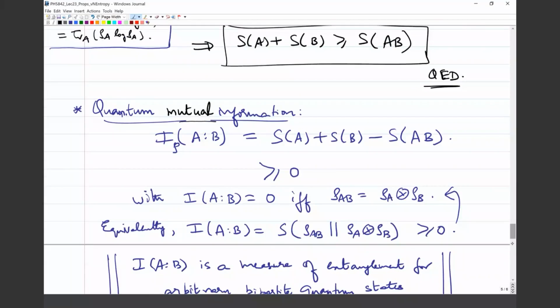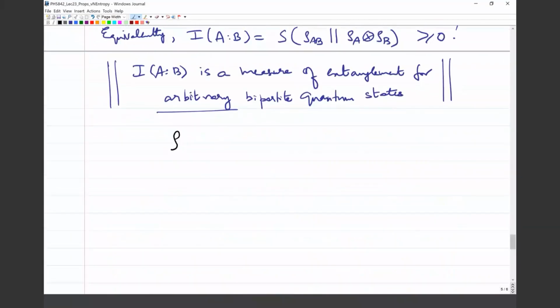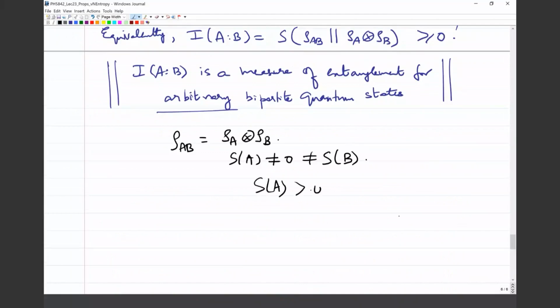I can have a rho AB, which is rho A tensor rho B. But then S(A) is not 0 and neither is S(B). And neither are the two equal. So just S of the subsystem being greater than 0 cannot witness entanglement for mixed states. Okay, so I hope that idea is clear.